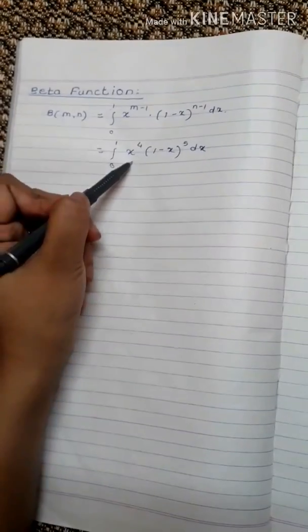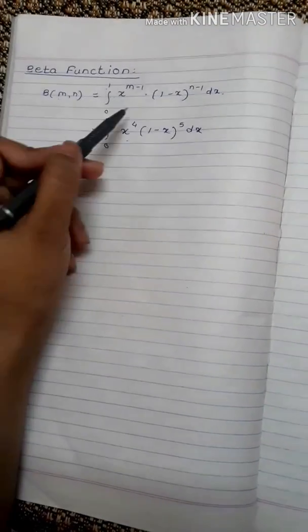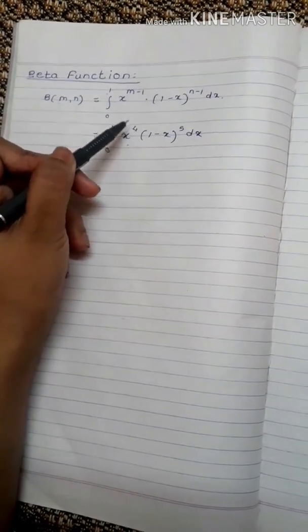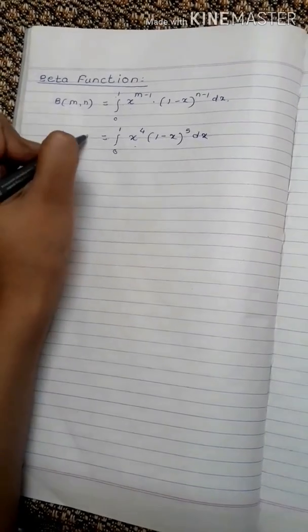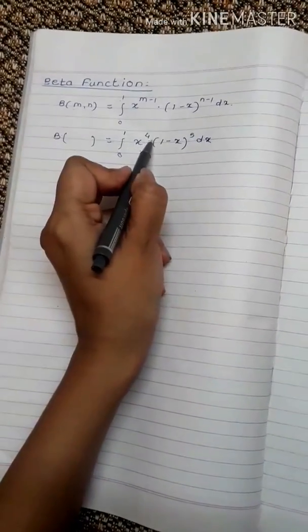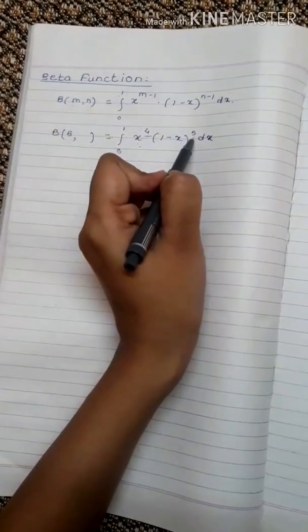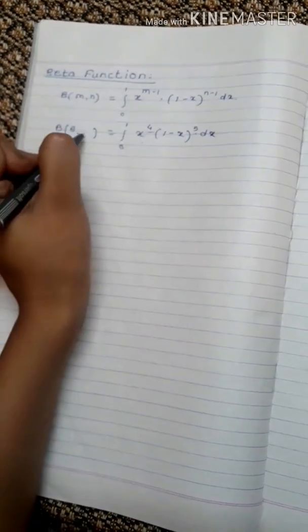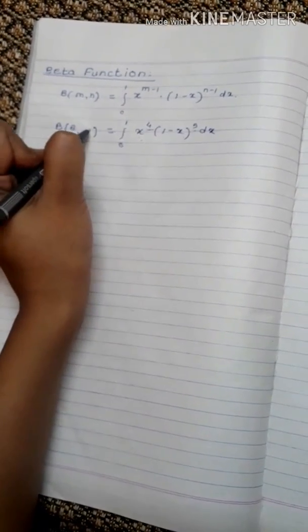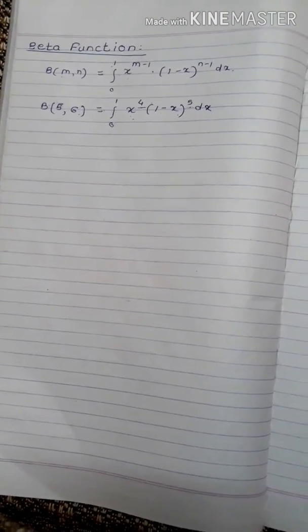If I compare this with the definition of beta function, I just need to add 1 to the power of x, that is the value of m, so 5, and then add 1 to the power of 1 minus x, so that I get the value of n, which is 6. This is beta of 5 and 6, right?